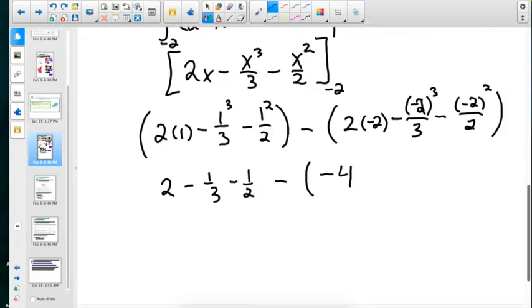This ends up being a plus. Yep, 8/3. Does this end up being a plus or a minus here? Minus. This ends up being a minus, just a 2, right? Yep. Okay. So that ends up being a -6 plus 8/3.